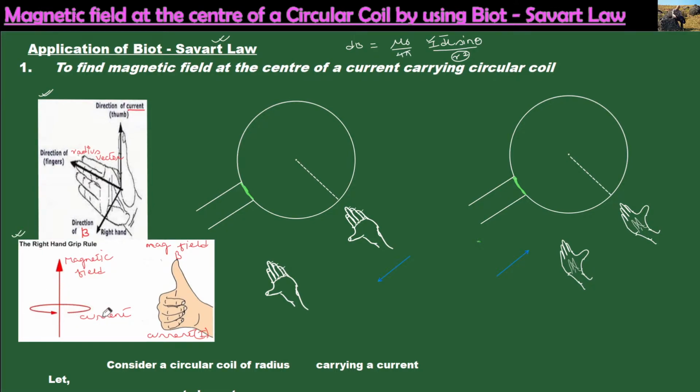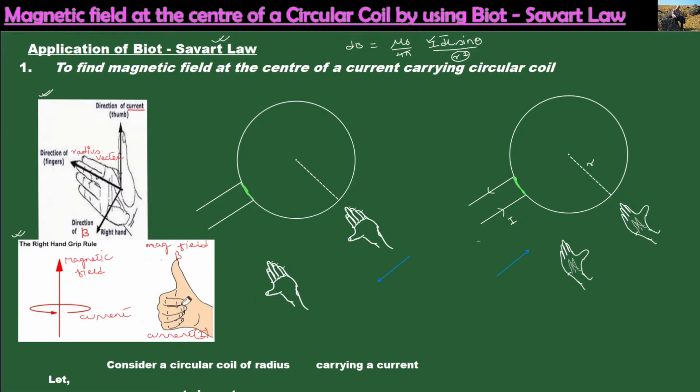In the right hand grip rule, if I consider this circular coil having a certain radius r, and the current enters in this direction, let that current be I. It will move along this circular coil and emerge out from the other end of the conductor.